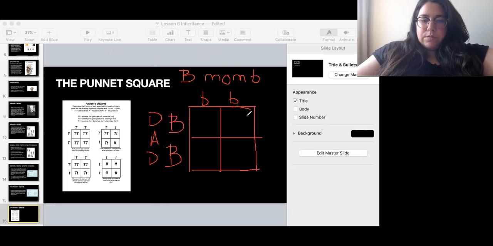What we do in this Punnett square is mix together this B with this B here, this B here with the other one here. In this case, everything is going to look the same.